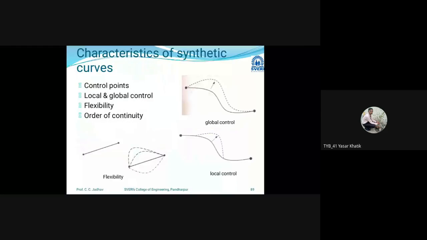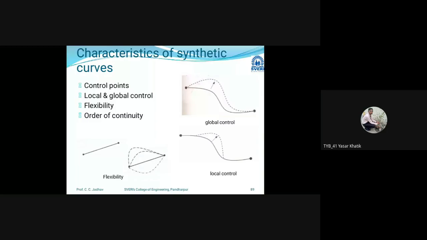Okay. Now you can see there are some characteristics of the synthetic curve. First of all, control points, then local and global control, then flexibility and order of continuity. Whatever I have said previously, control points means the given data in terms of coordinates.